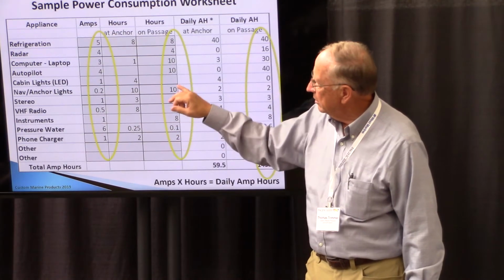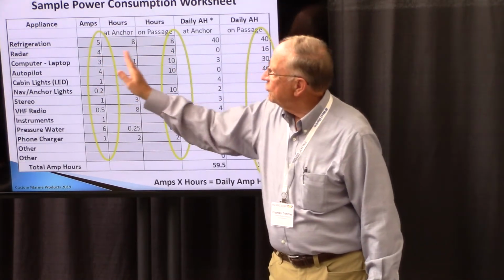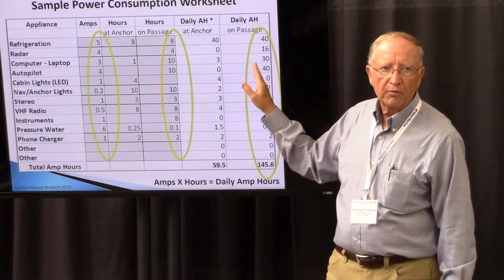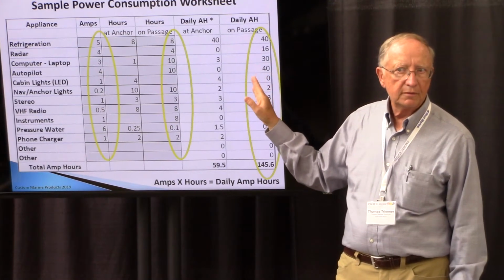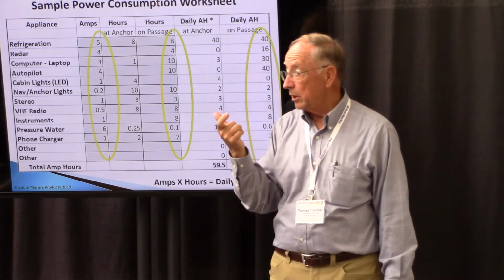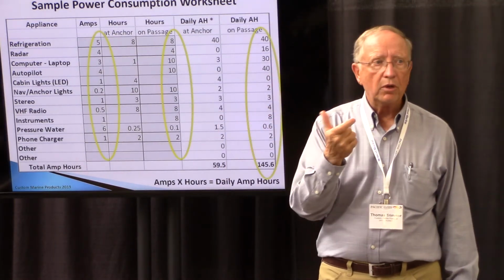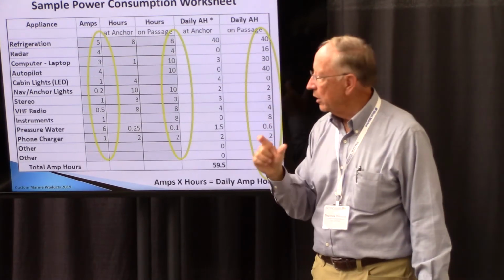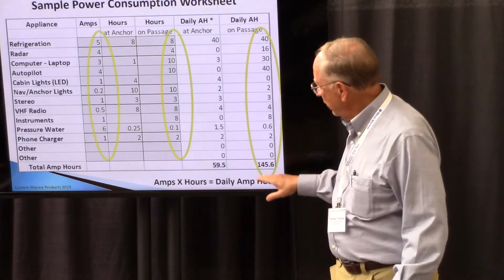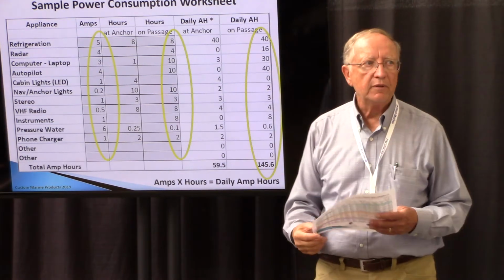So I multiply the amps times the hours under passage, and I get my amp hour requirement under passage. So it's really 2 different scenarios on our boat, and depending on how we use our boat, how we sail, one may be more important than the other to you. So that comes down to 145 amp hours.